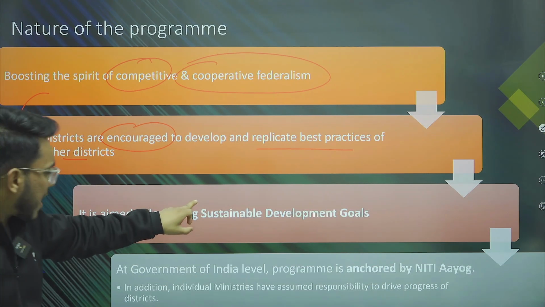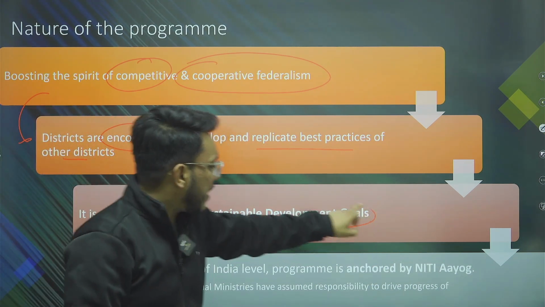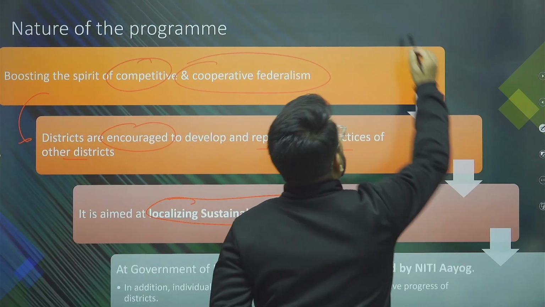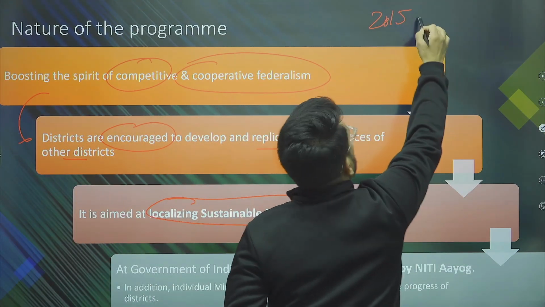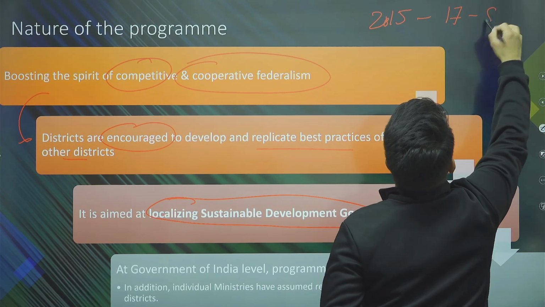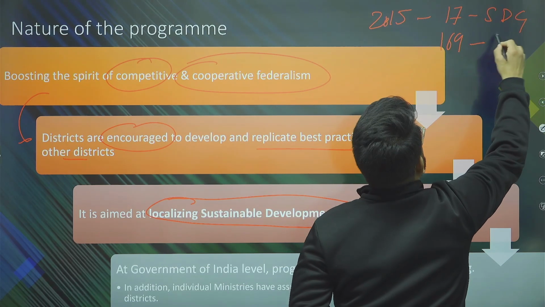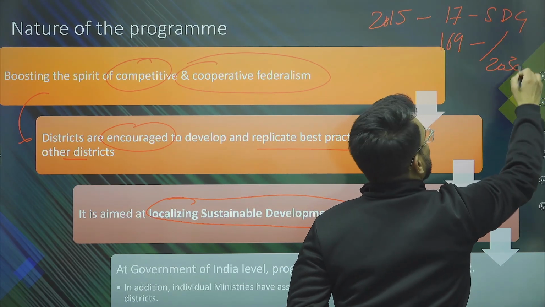Then it will also aim at localizing sustainable developmental goals. Now you might already know that in 2015 we adopted 17 sustainable developmental goals which have 169 targets. They are to be achieved by 2030.